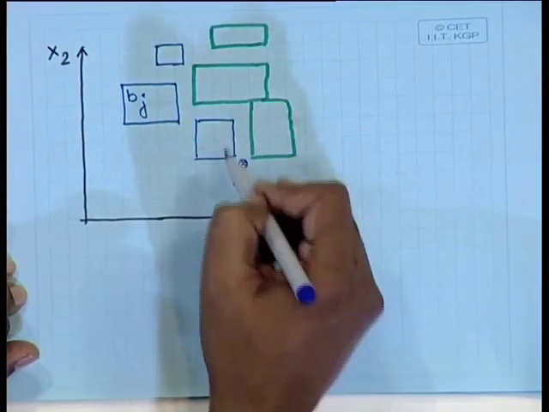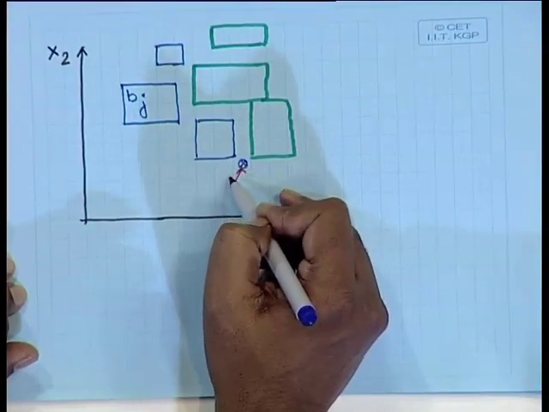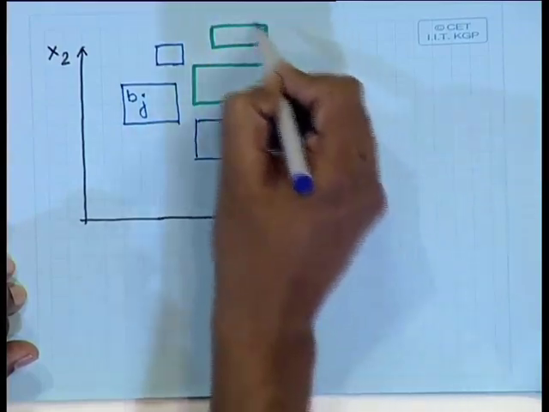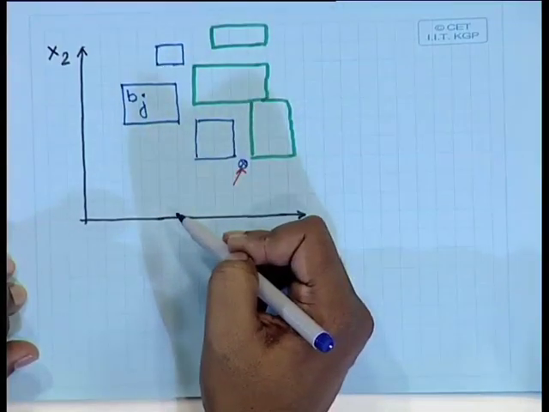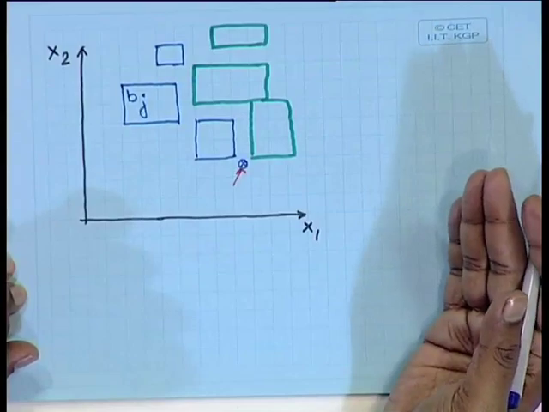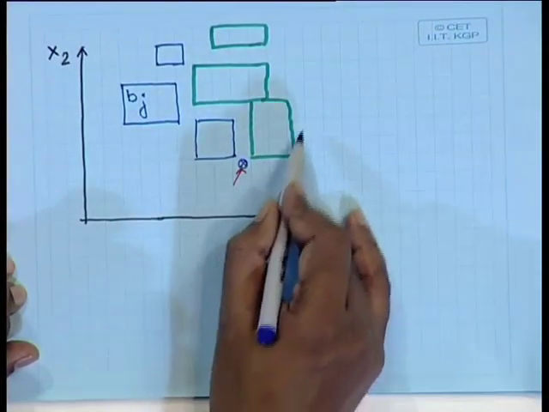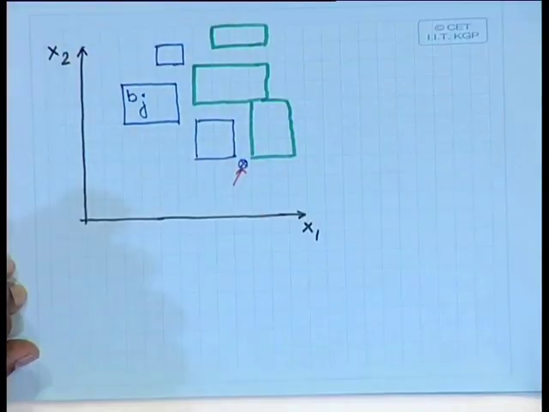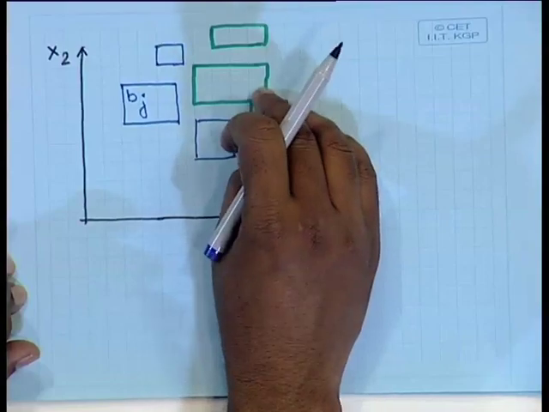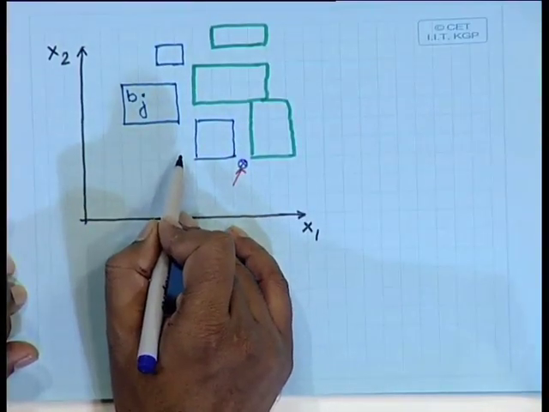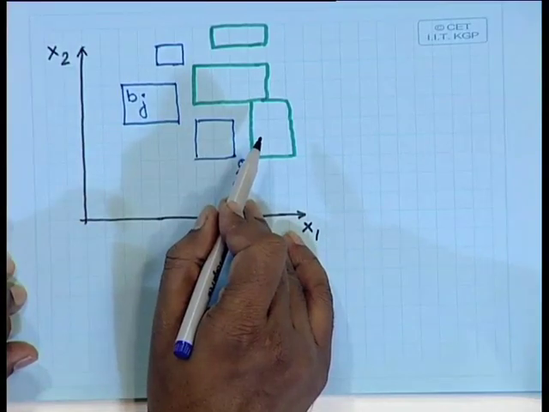Similarly, I compute the fuzzy membership value of this unknown feature point from each of these green boxes, and take the maximum of them. That gives you the membership value of this point to this particular class. Once I get that, I get two membership values, one for class omega 1, the other for class omega 2.